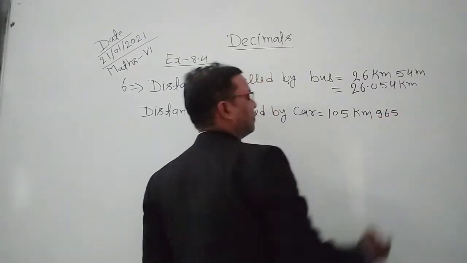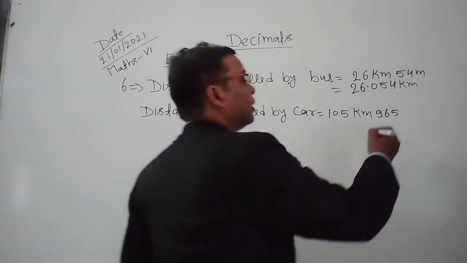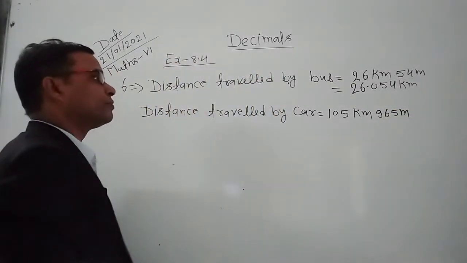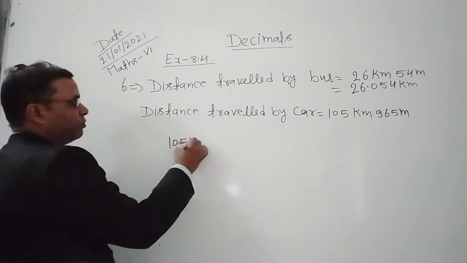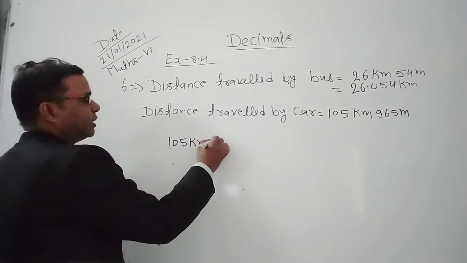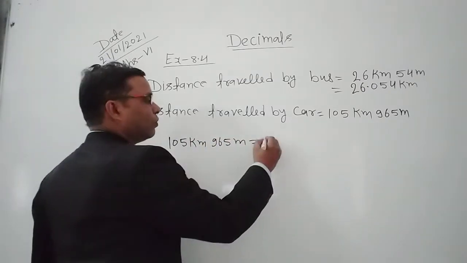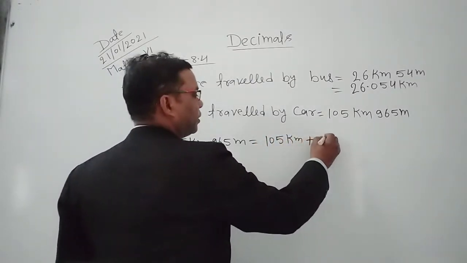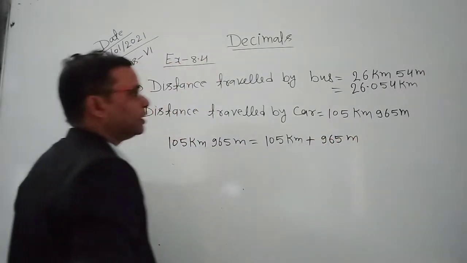So again here we convert 965 meter into kilometer. This is clear? So how do we convert? You can write 105 kilometer and 965 meter. This is equal to 105 kilometer plus 965 meter. This is clear?